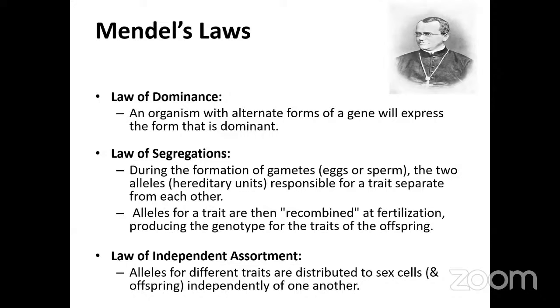For example, if one child is affected with an autosomal recessive disorder in a family, it doesn't mean that, when we say the recurrence risk is 1 in 4, the one is over and the other three will be normal. That doesn't happen because of this law of independent assortment. Because it is independently distributed into the gametes, every time there is a risk of having a child affected with that particular disorder. So these are the three laws of Mendel's laws of inheritance.